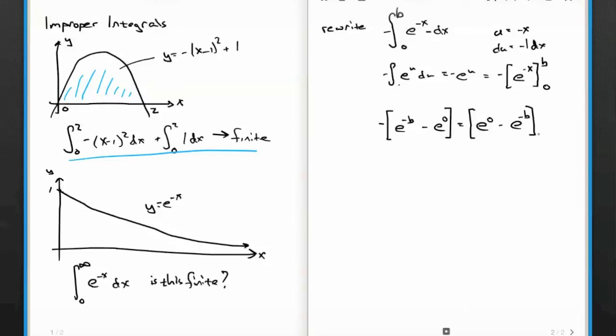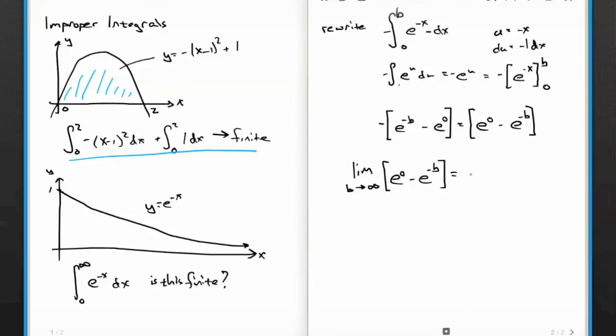All right, so let's think about this. I replaced this b for my infinity. I stuck a b in for infinity, so what I really need to do is take the limit, oh yeah, here we go, limits again, as b approaches infinity of this thing, e to the 0 minus e to the negative b.